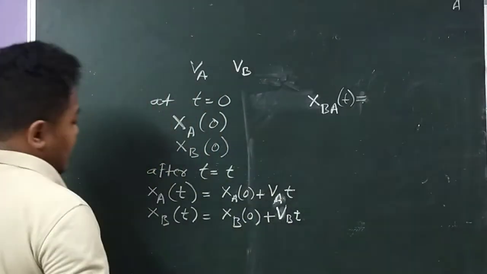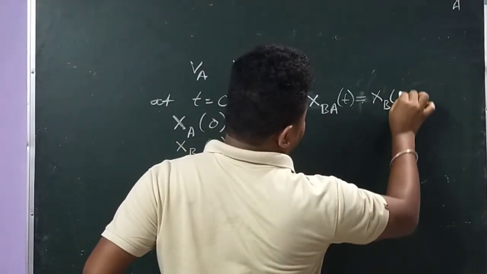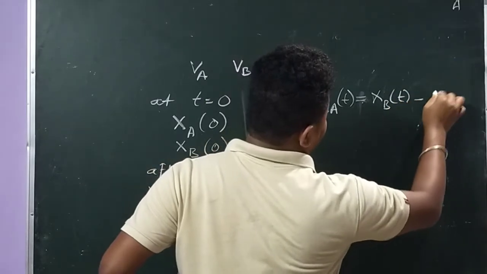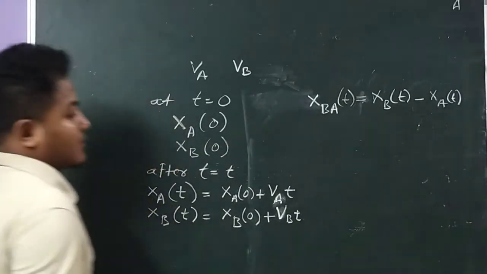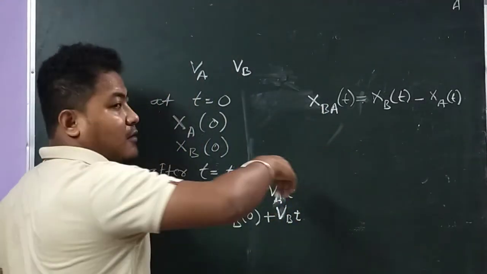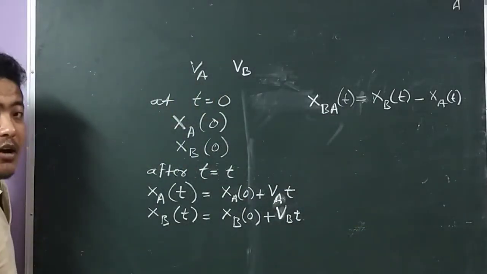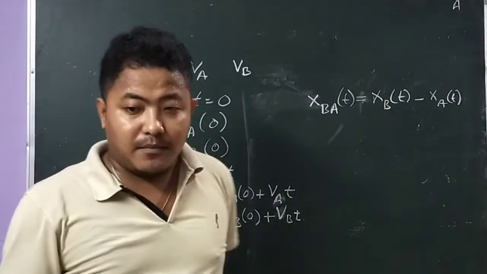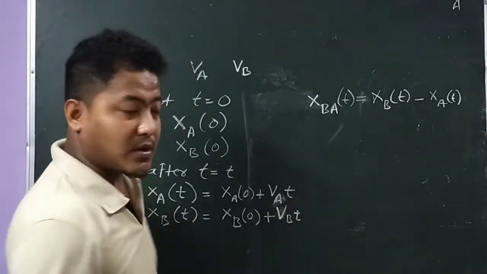We can find it as XBT minus XAT. Like that you can find out. Am I clear? So this is the total displacement covered by the object in t time from A to B. Okay, how much displacement has changed in t time? So once we find the change in displacement, then we can find the velocity as well.